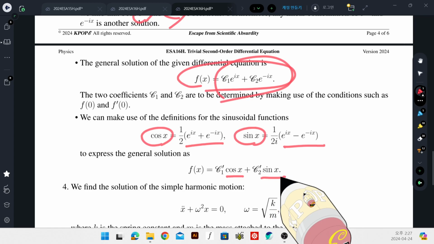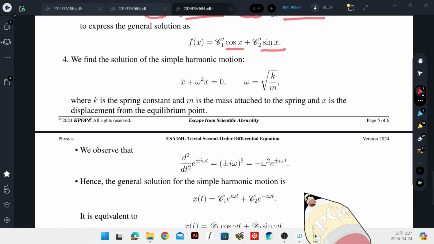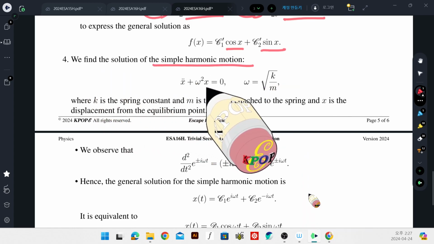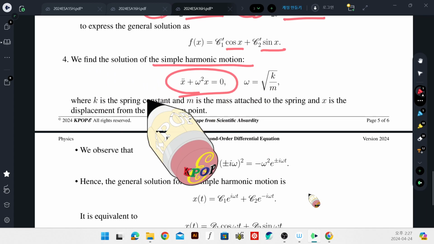of cosine and sine. Now we arrive at a point where it is an equation of motion for the simple harmonic oscillator.